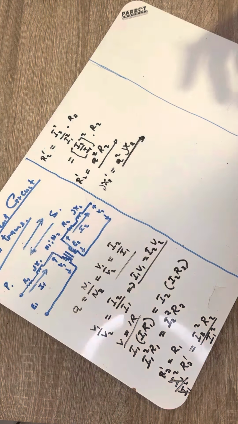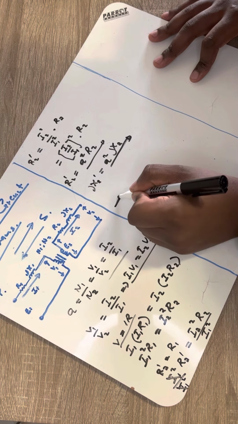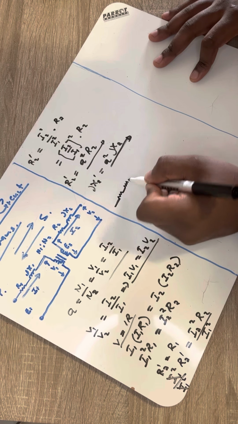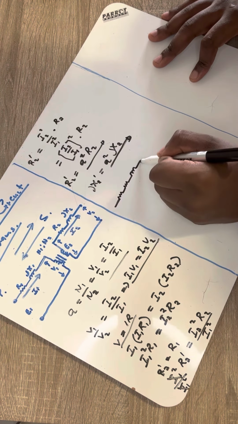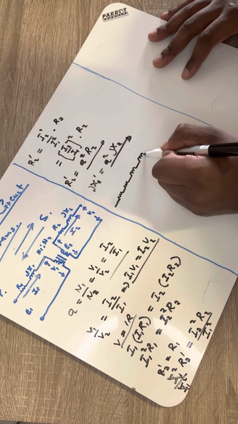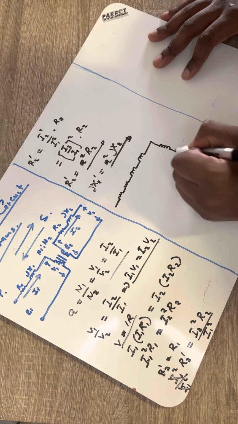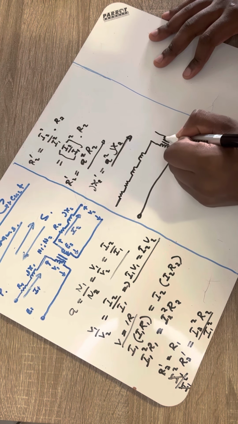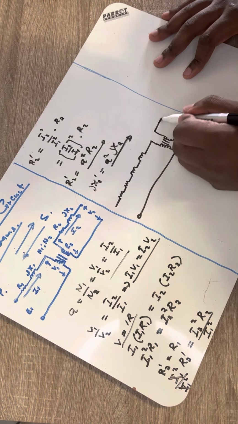So if I would draw a circuit now, it will be like this: this will be R1 and this will be R2 prime, and this will be jX1 and this will be jX2 prime.